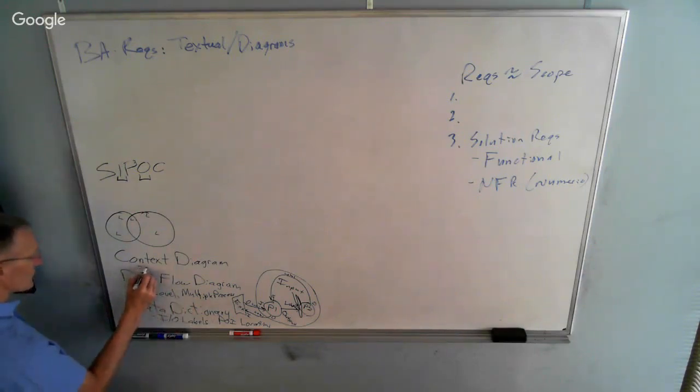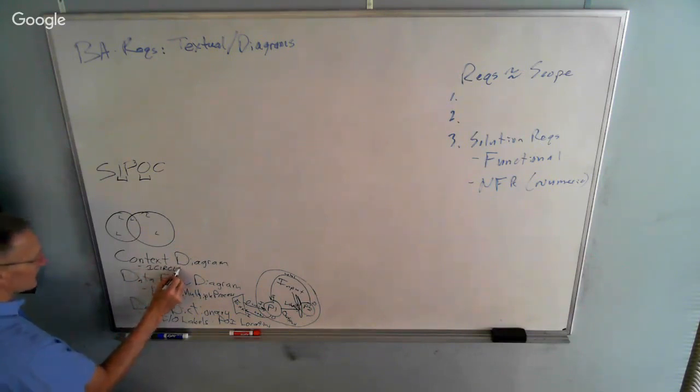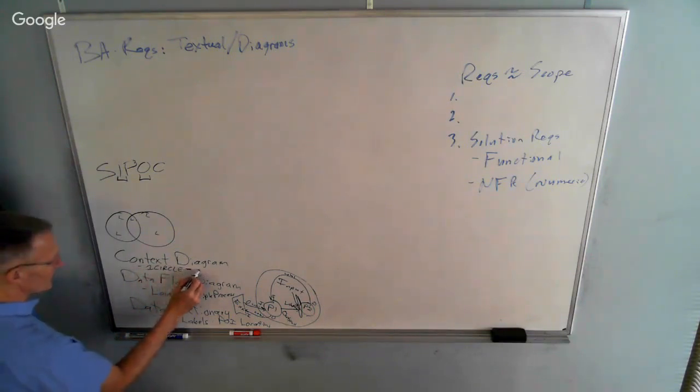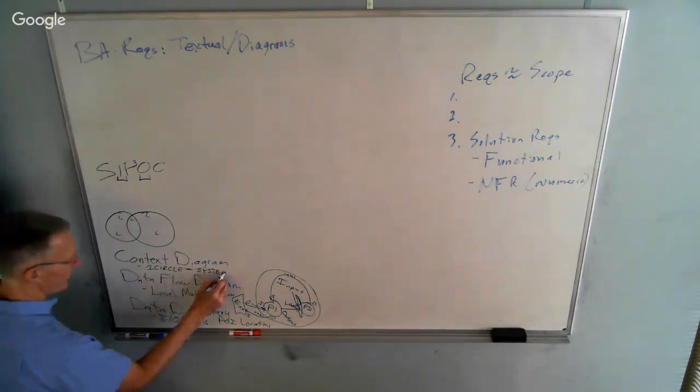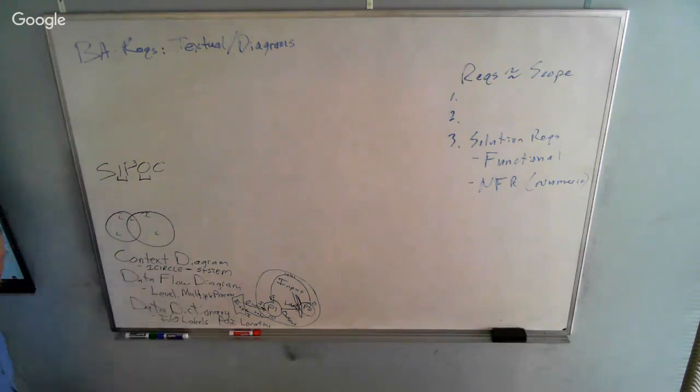This has just one circle, which is our system of interest that we're focusing the requirements on, and this equals the system from our perspective. The context diagram, data flow diagram, and data dictionary all go hand in hand with each other.